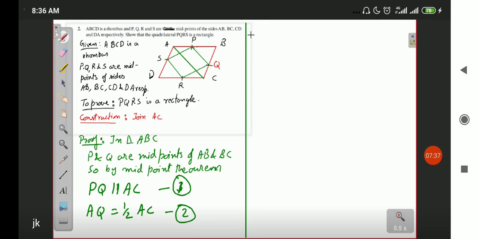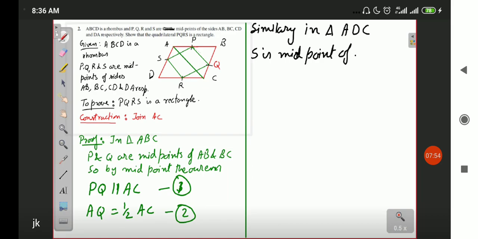Let's start with the next part. Similarly, in triangle ADC, S is the midpoint of AD and R is the midpoint of DC. So what is happening in this triangle?